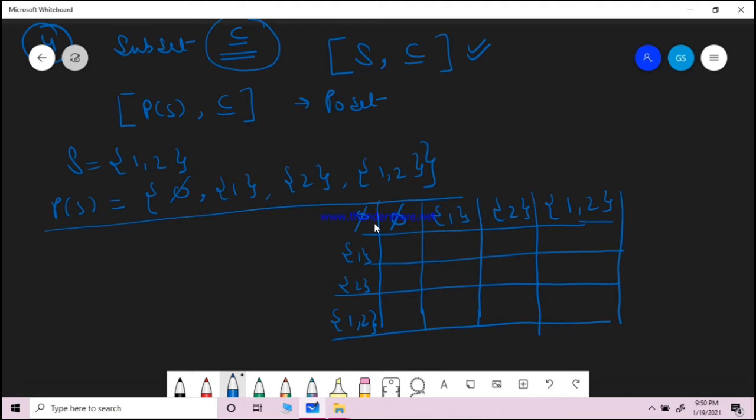Let's see if they are connected or not. Suppose this is phi, this is 1, this is 2, and this is {1, 2}.